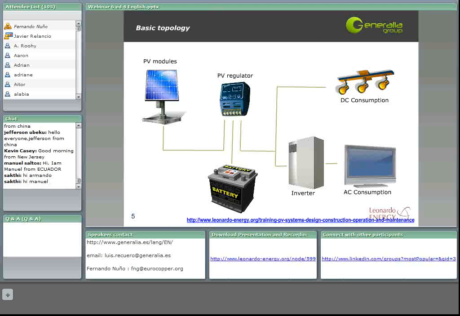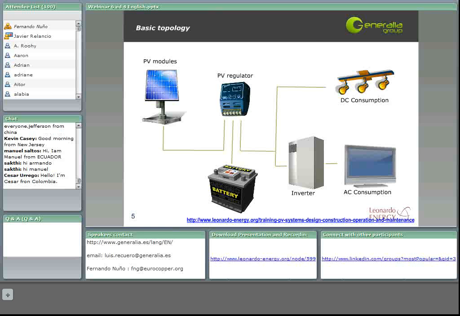We will study what they are used for during the next slides. Then we have a special kind of inverter, and we can check that we have two types of different consumption: the direct current consumption and the alternating current consumption. We will check about it later.